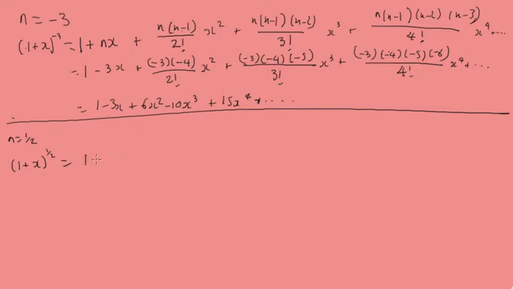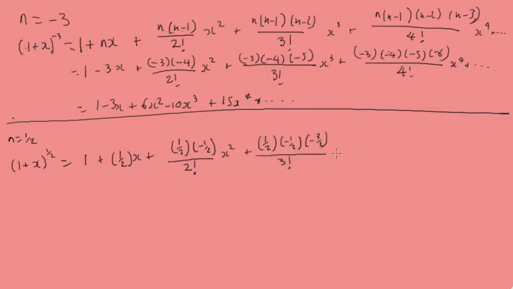So with this we'd have 1 plus a half x plus a half, then a half minus 1 is going to be minus a half, over 2 factorial x squared, plus a half, minus a half, then minus 3 over 2, over 3 factorial x cubed, then plus a half, minus a half, minus 3 over 2, then a half minus 3 is going to be minus 5 over 2, all over 4 factorial x to the power 4, and so on.